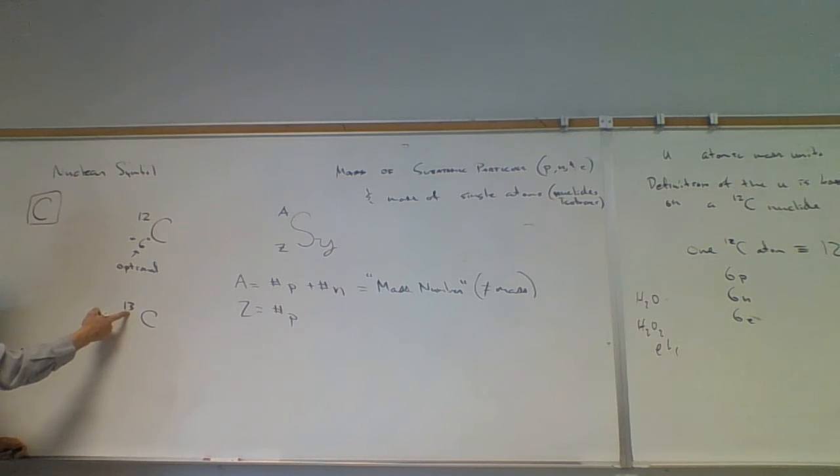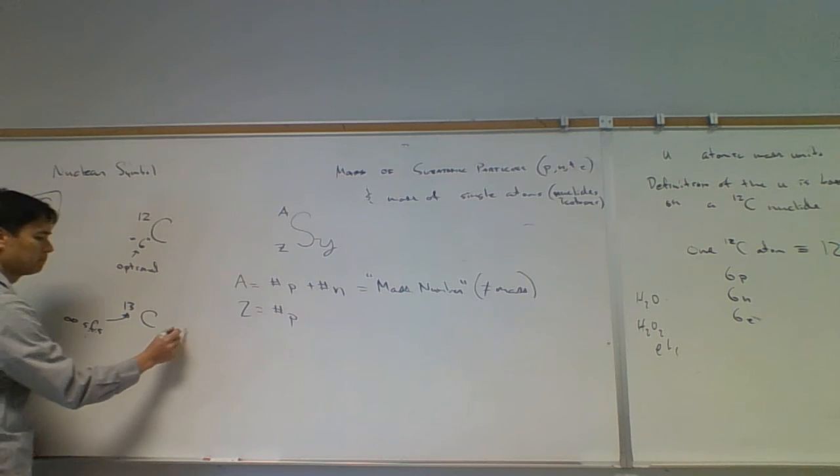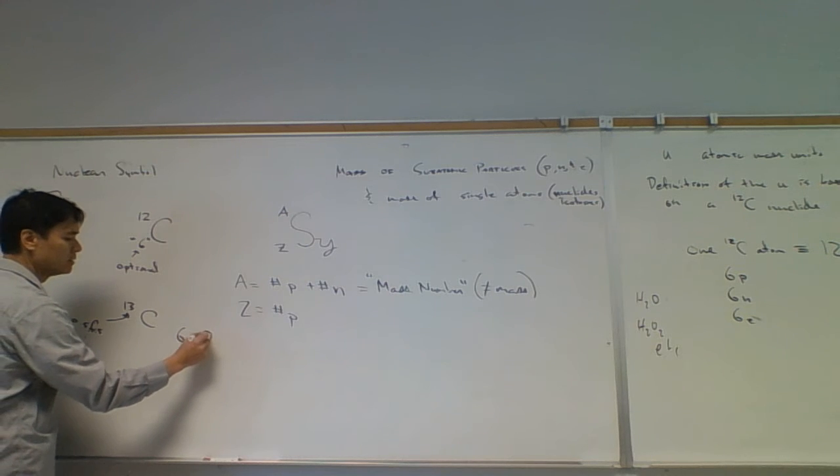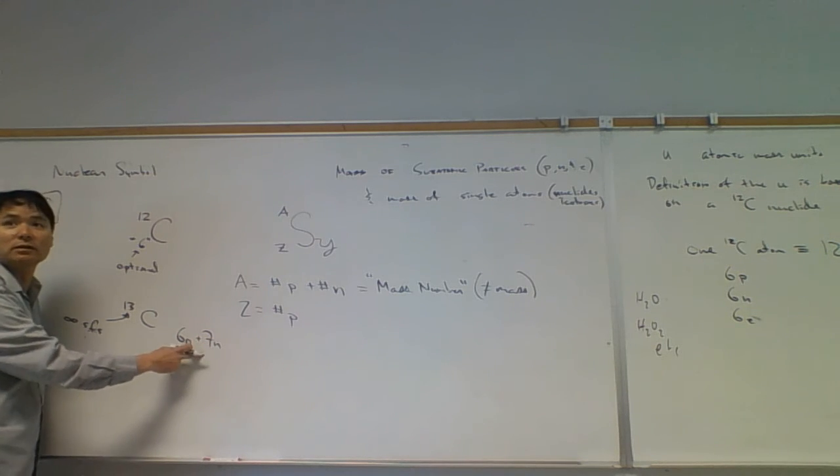And so how many sig figs are in this number here? This one is infinite sig figs. I'll just abbreviate sig figs SFs. This is infinite sig figs because carbon 13 has 6 protons and 7 neutrons.